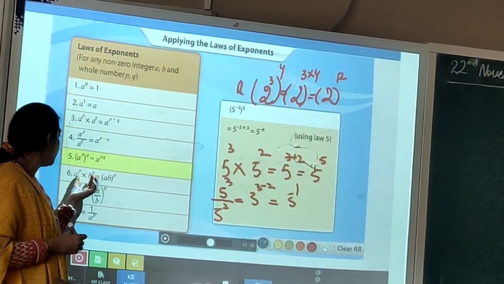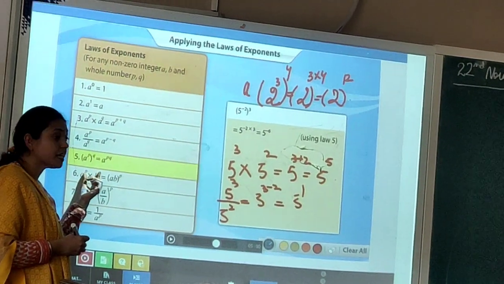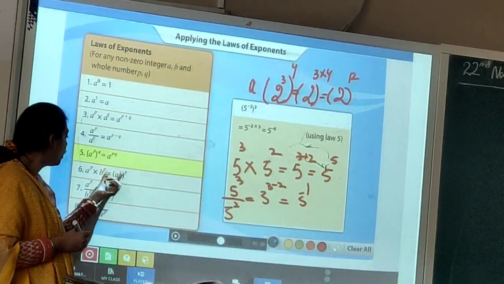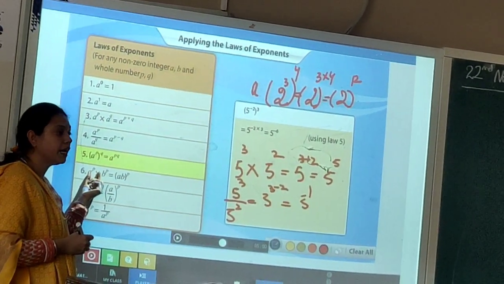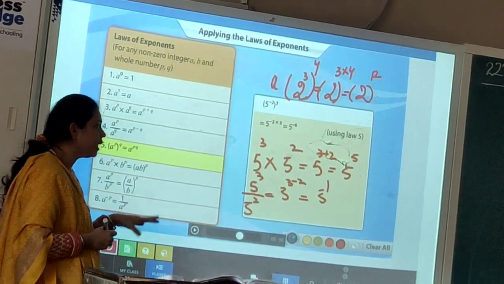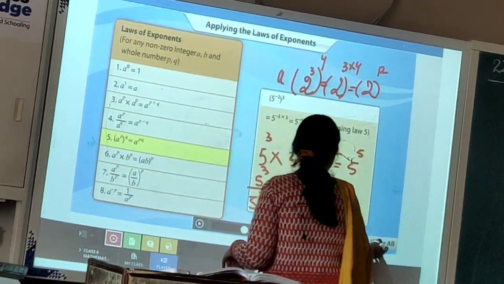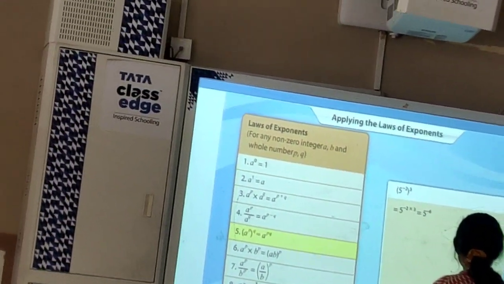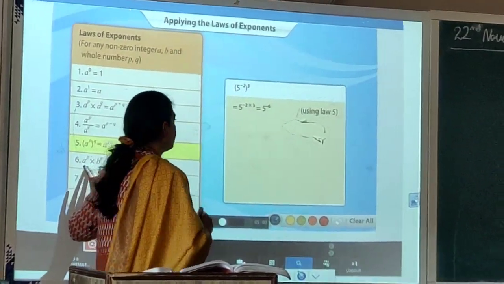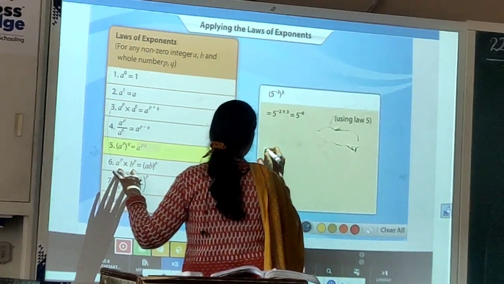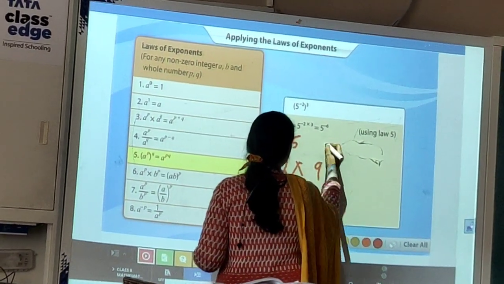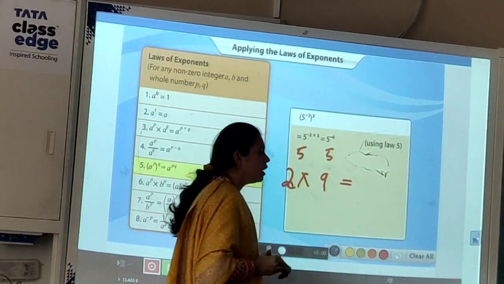Next is that when both the powers are same and the bases are different, so what to do? You can multiply the bases with the same power. Ready? Means 2 raised to power 5 into 9 raised to power 5.